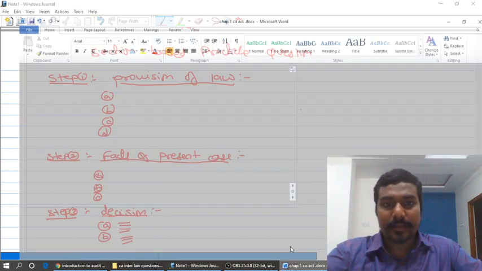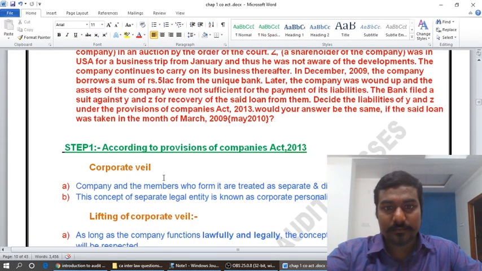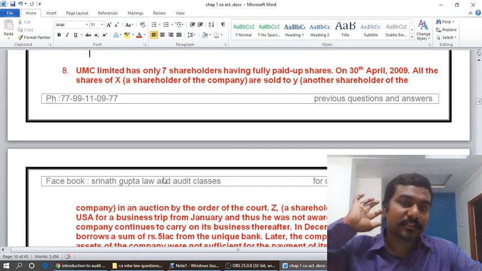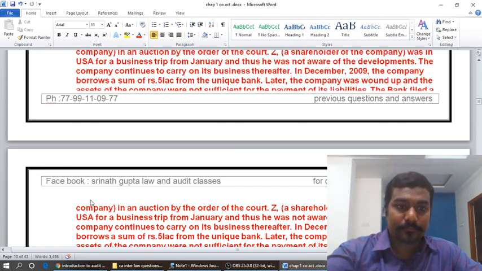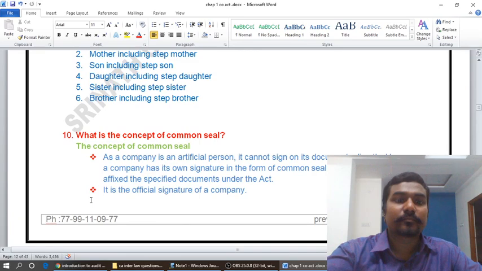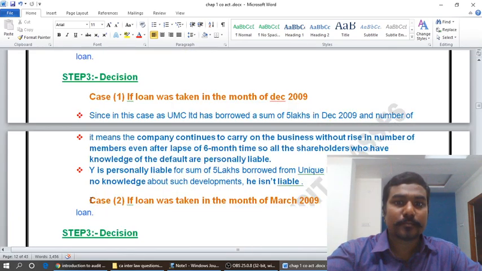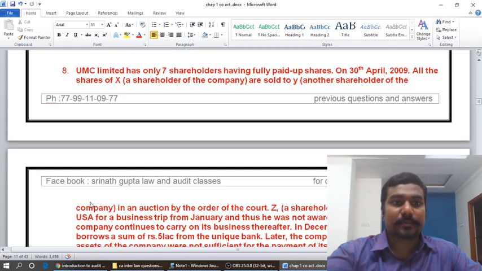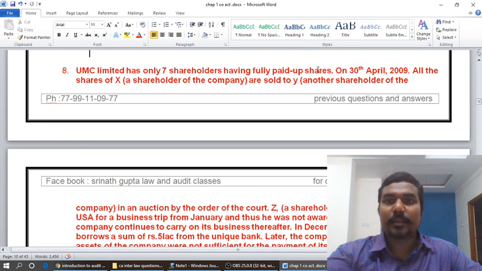Let us take one practical question. UMC Limited has only 7 shareholders having fully paid up shares. On 30th April 2009, all the shares of X are sold to Y in an auction by the order of court of law.